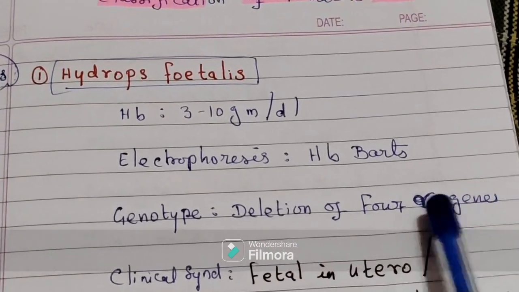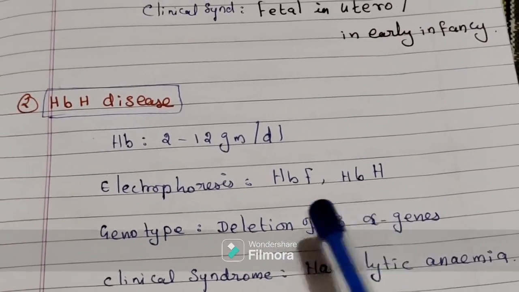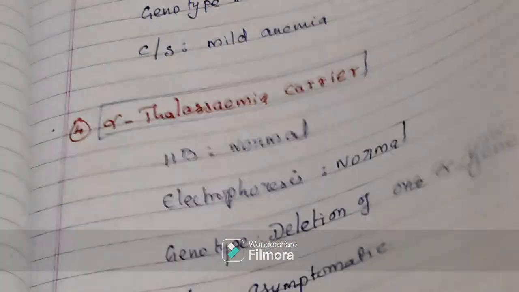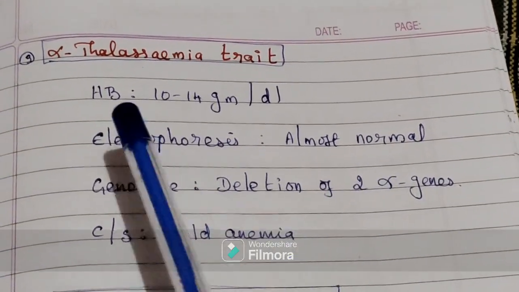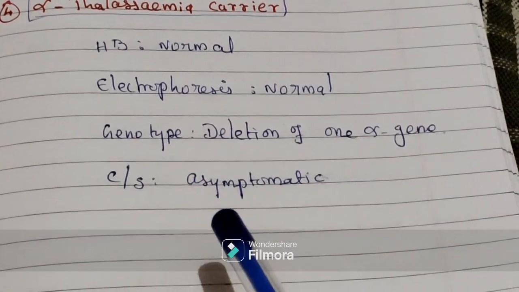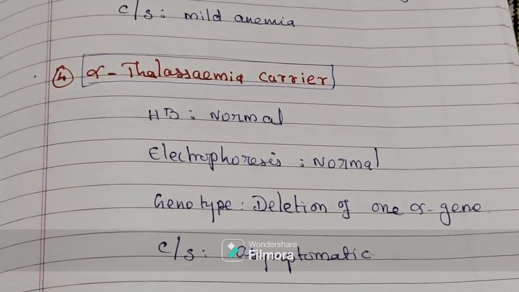This one, 2 gene deletion, means alpha thalassemia trait, mildly anemic. This one is the asymptomatic one, the alpha thalassemia carrier.